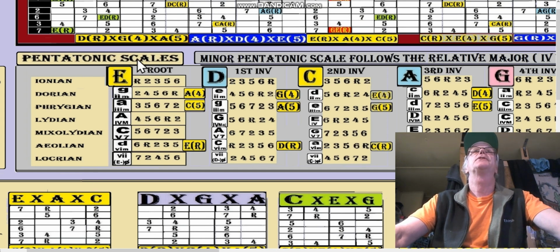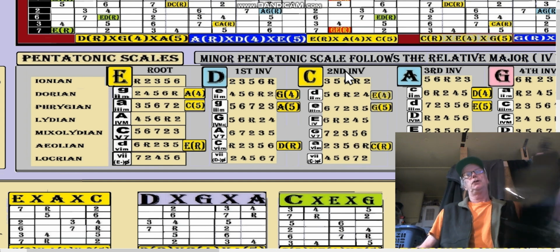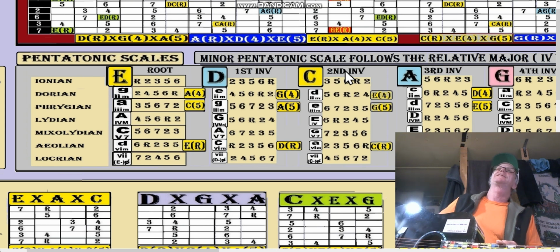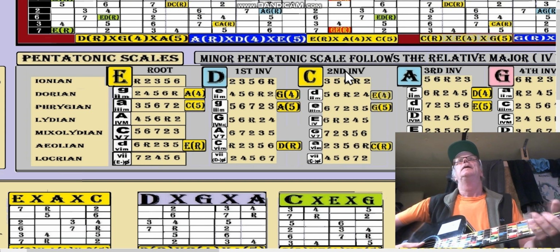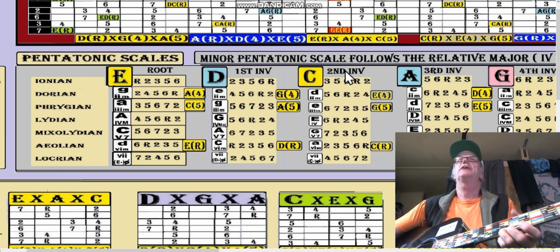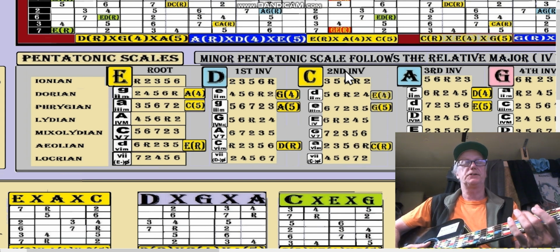That's why we start on this E-shaped position here, instead of the C. The C is actually the second inversion, or the Phrygian scale starting point. That's actually the second inversion of the CAGED system's key of C pentatonic scale.